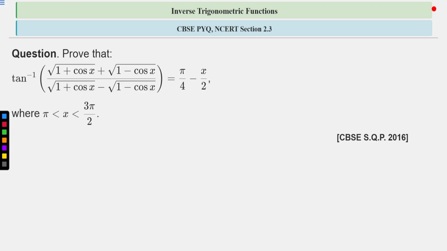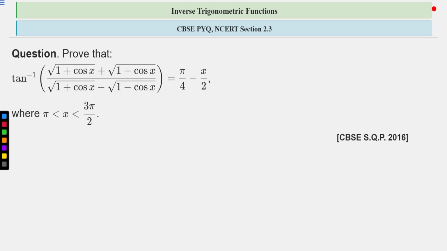So the hint of this question is how you can approach it. You can go for rationalization, or you can apply the formula of 1 plus cos x and 1 minus cos x in terms of cos square x by 2 and sin square x by 2.